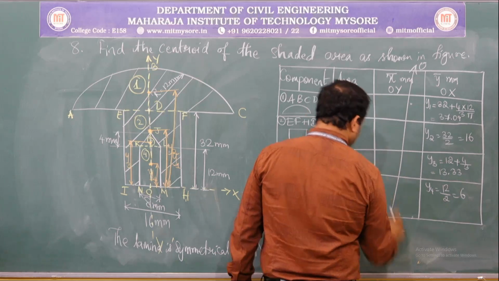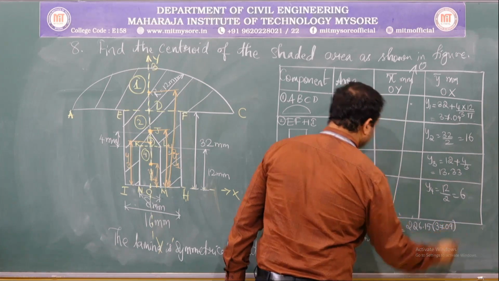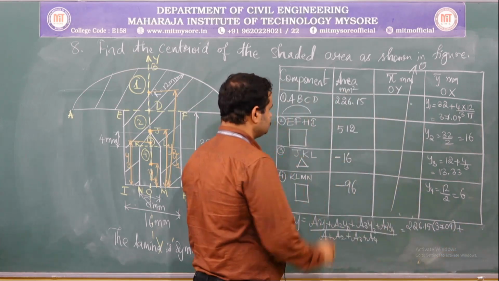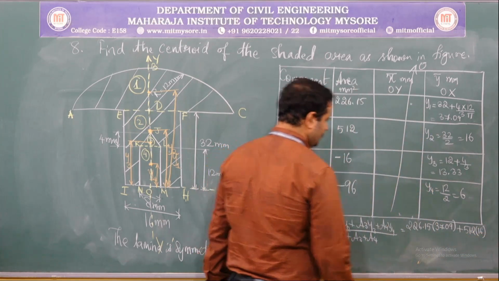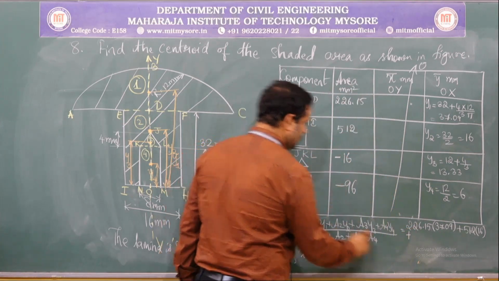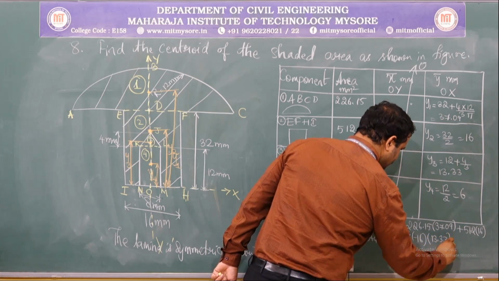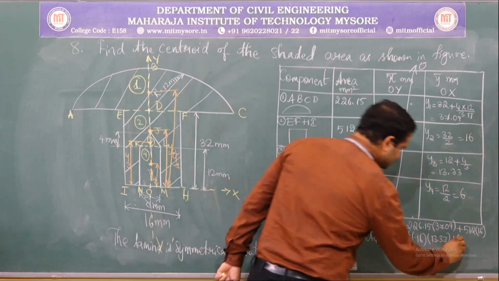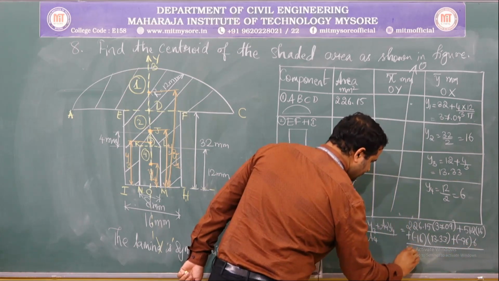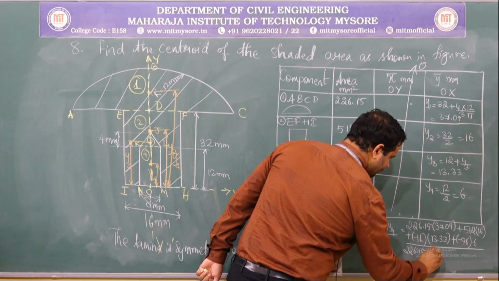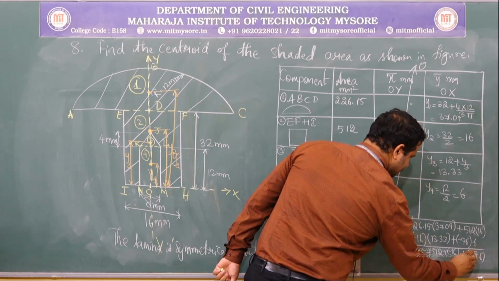What is a1? 226.15 into y1, 37.09, plus what is a2? 512 into 16, then plus a3 is minus 16 into y3, 13.33, plus a4 is minus 96 into y4 is 6, whole divided by 226.15 plus 512 plus minus 16 plus minus 96 in brackets.